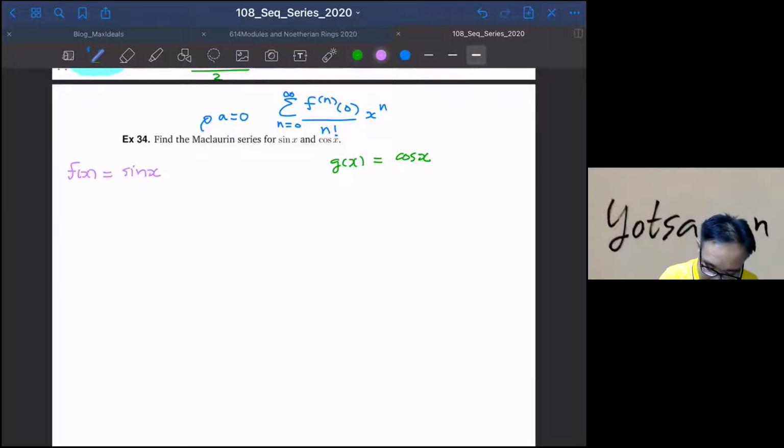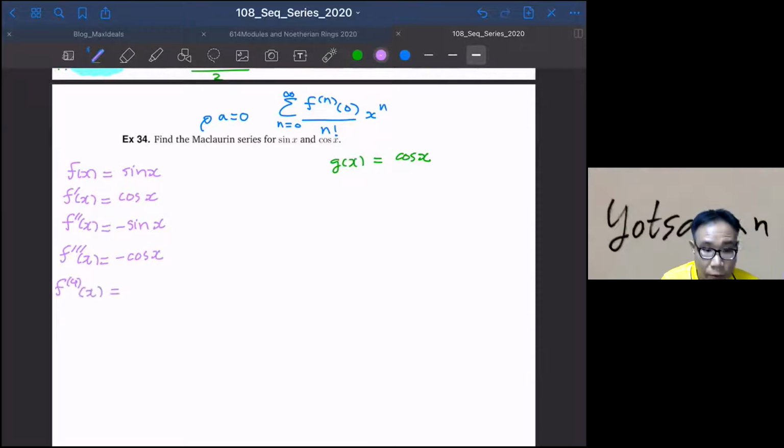In this case, you're going to begin differentiating. So you have f prime of x equal to cos x, since the derivative of sine is cos. The second derivative: the derivative of cos is negative sine. The third derivative: the derivative of sine is cos again, so it's negative cosine. The fourth derivative: the derivative of negative cos is negative of negative sine, so it becomes just sine x.